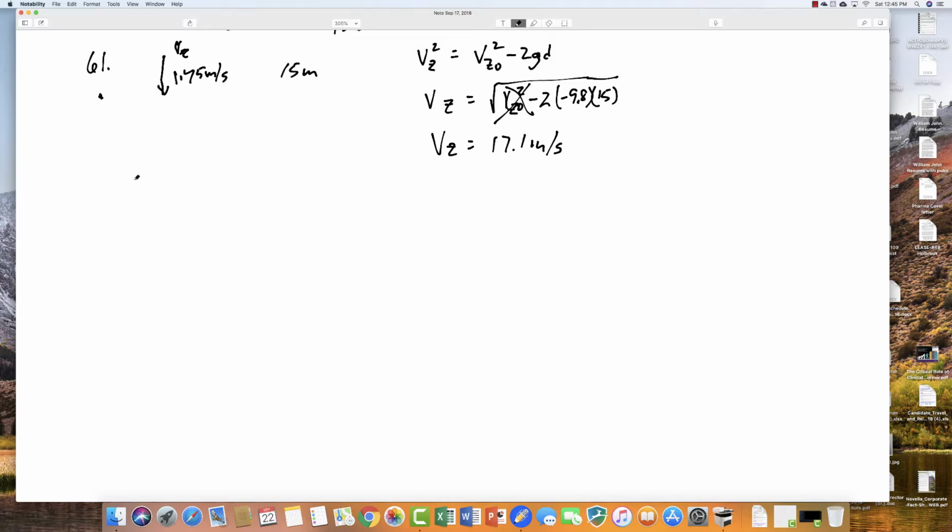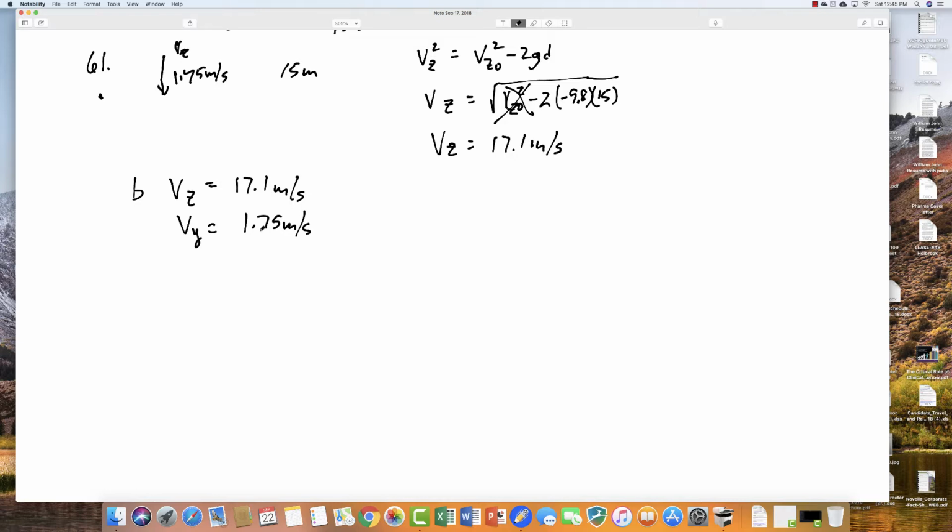Now, the second question is relative to a person on the shore, in which case it's going to have a z component of 17.1 and a y component of 1.75 meters per second. Those will be the two components.